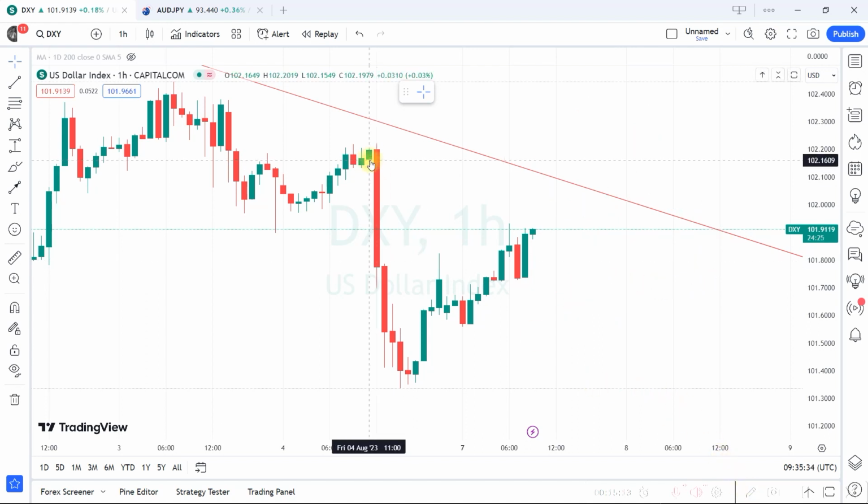So if you see this move, you are expecting weakness in the dollar. What are you going to do? You are going to pair the strong currency with the weak one, right? The strong currency with the weak one.